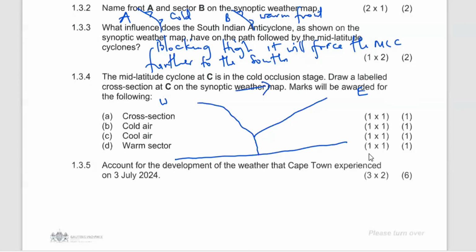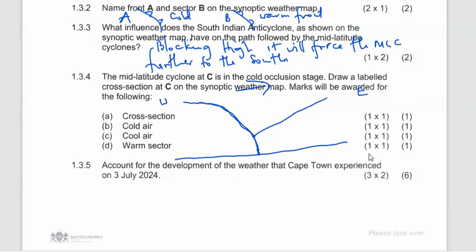Right, given that we want to check on the mark allocation so that we are able to identify the given features of the mid-latitude cyclone, the shape of the cross-section must be in such a way that it is the cold front that touches the ground, because it's a cold occlusion. So we must have the cold front proceeding to touch the ground surface here to show that it's a cold occlusion.